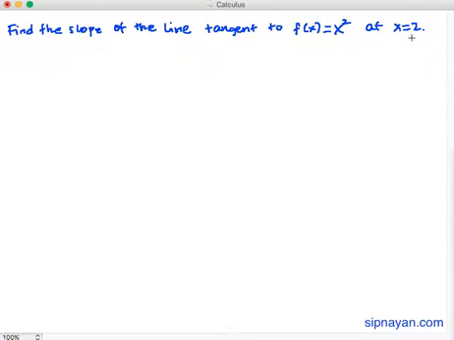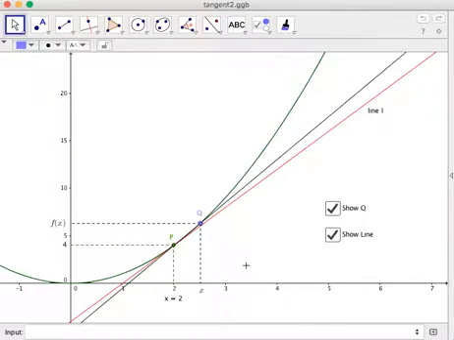At pag given yung x, makuha mo na rin yung f of x, which means makukuha mo na yung coordinates ng point P. Since yung equation natin is f of x equals x squared, if x equals 2, then y equals 4, di ba? 2 squared is 4. So ibig sabihin yung coordinates ng P neto ay 2, 4.